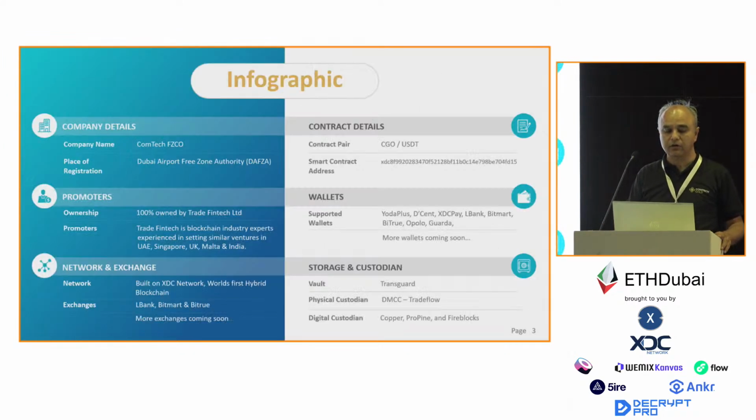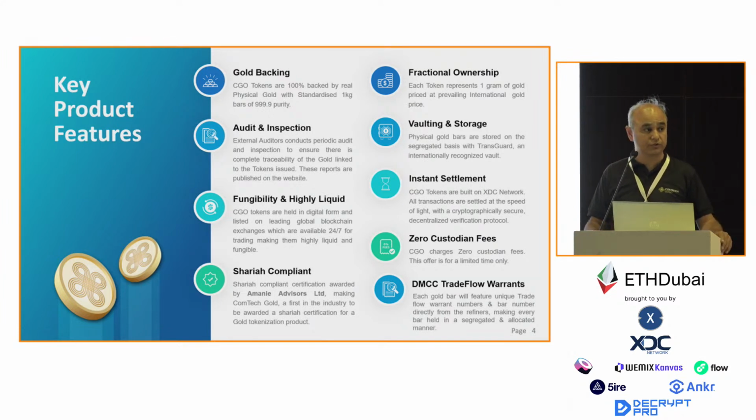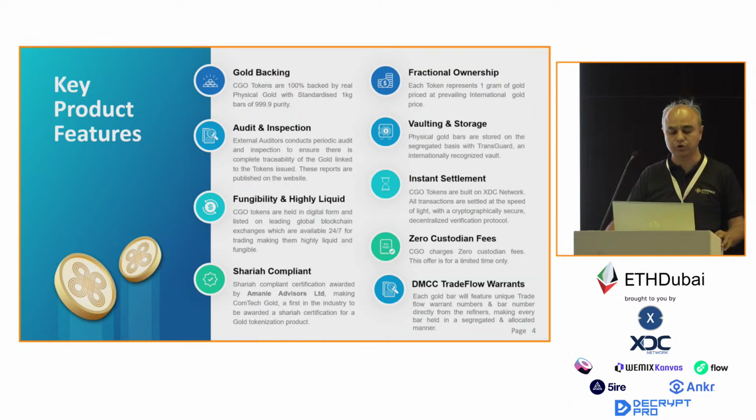So the whole idea is to create a token which is 100% backed by physical gold, and this gold is kept with Transguard, which is a regulated vault, and all the gold and storage kept with Transguard is insured. Regular audits and inspections take place.